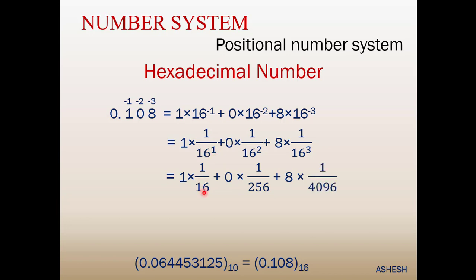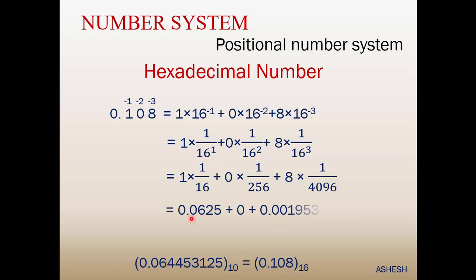Now 16 to the power 1 equal to 16. 16 square equal to 256. 16 cube equal to 4096. So 1 into 1 by 16 plus 0 into 1 by 256 plus 8 into 1 by 4096.